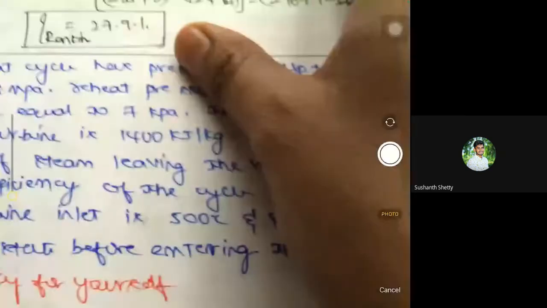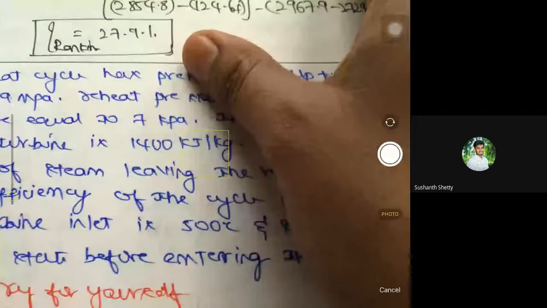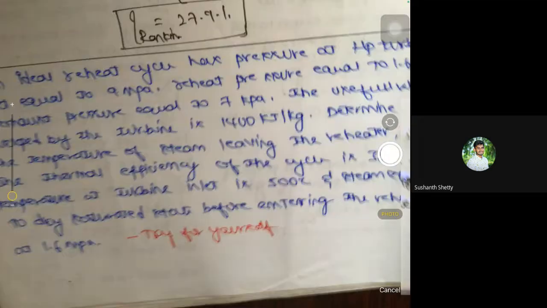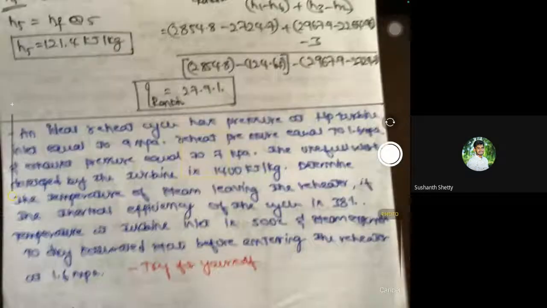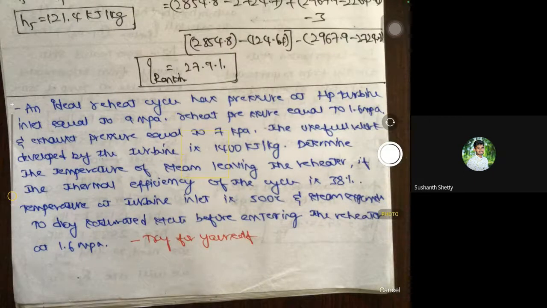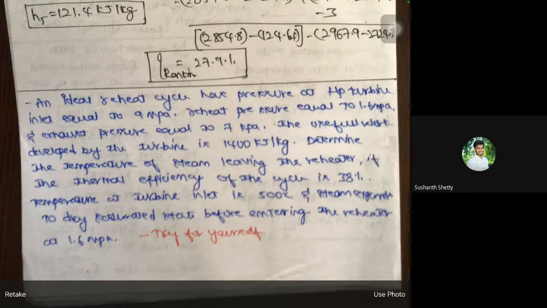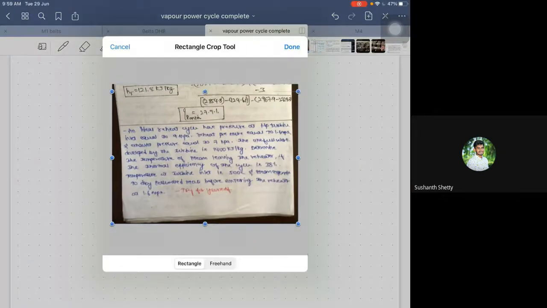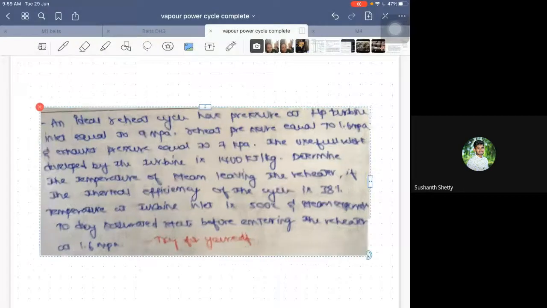Whatever problems we have solved in today's class, you can scan it and submit as classwork in Google Classroom, so that would be regarded as attendance for today. They can take a screenshot of this. I'll put it in the right order.